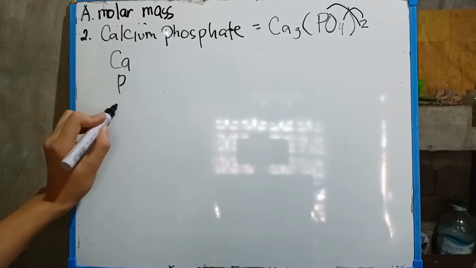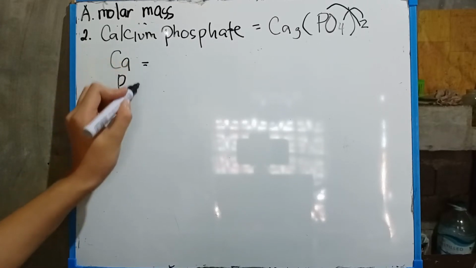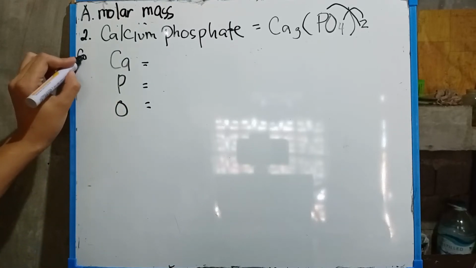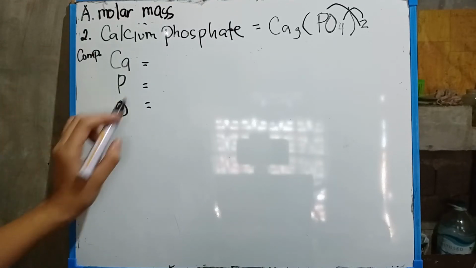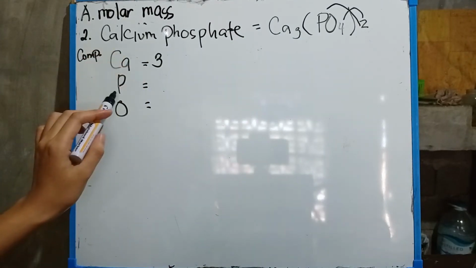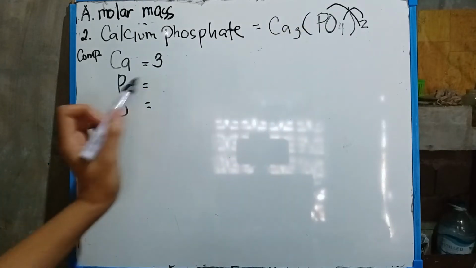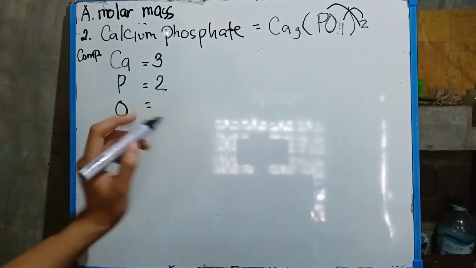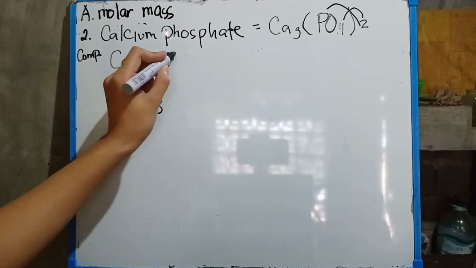Ca, P, and O. So, our calcium is 3. Our phosphorus is 1 times 2, 2. And our oxygen is 4 times 2, so we have 8.